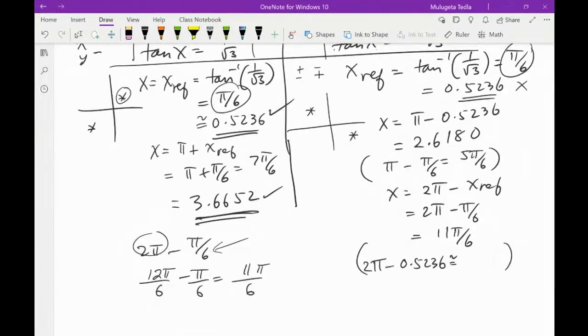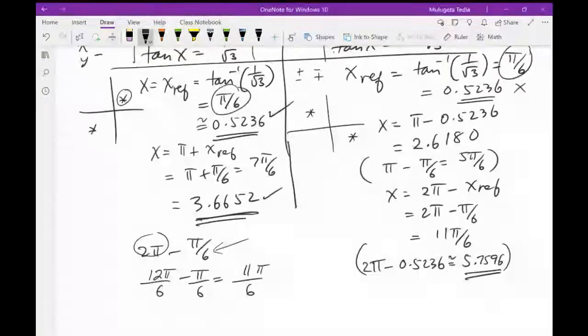You're right. So this would be 2 times 3.14, which is pi, minus 0.5236, which would be 5.75996. That would be the second answer.